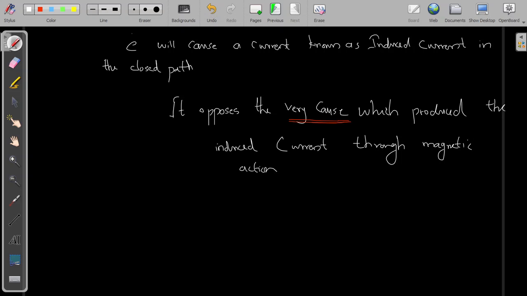Let me again recall our discussion of that experiment done by Michael Faraday.